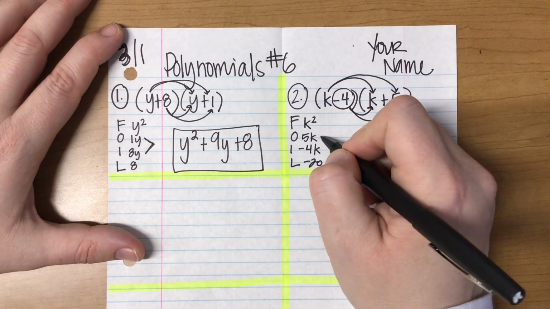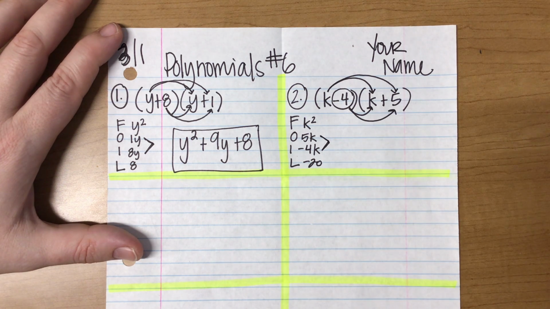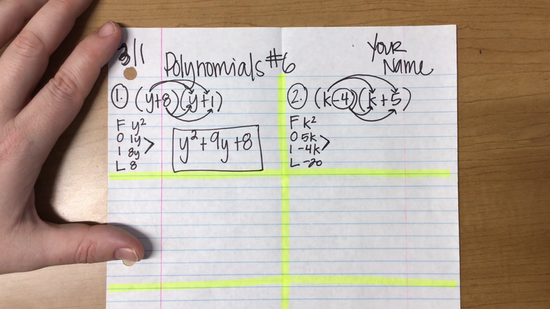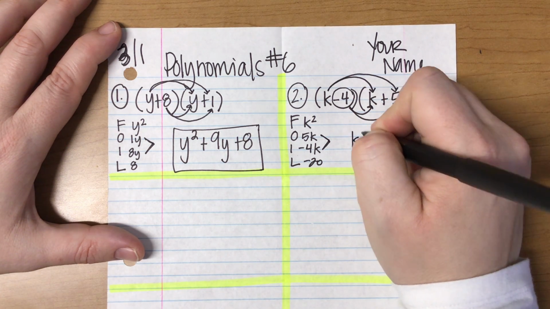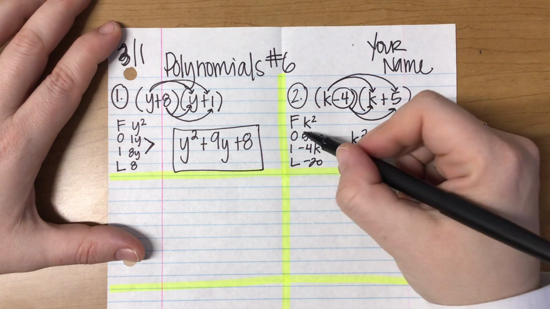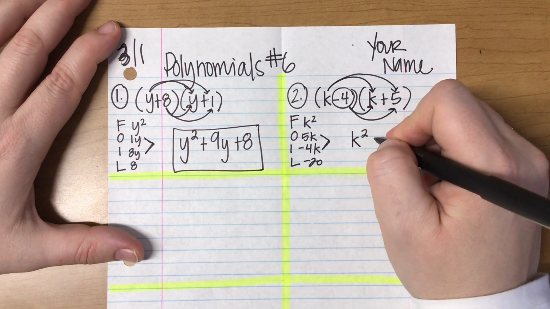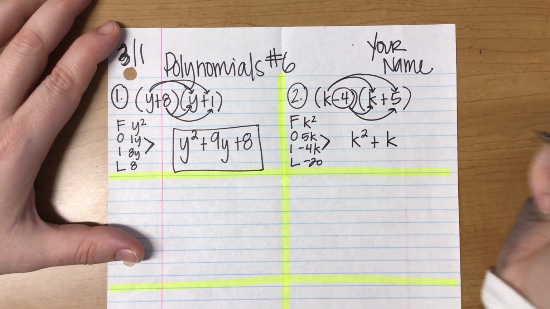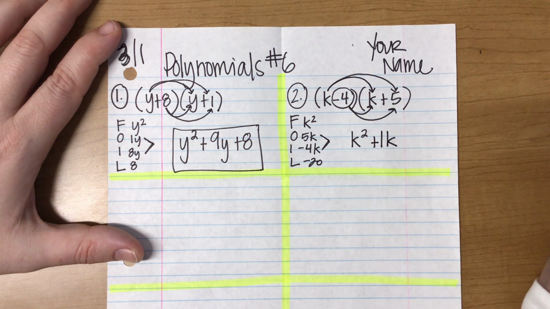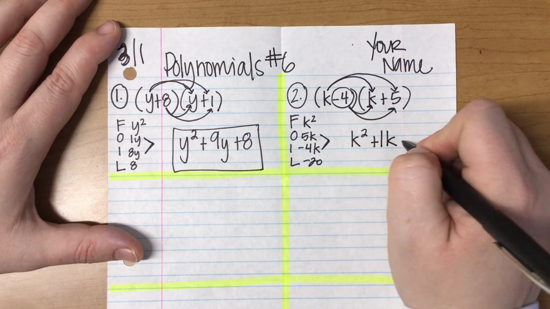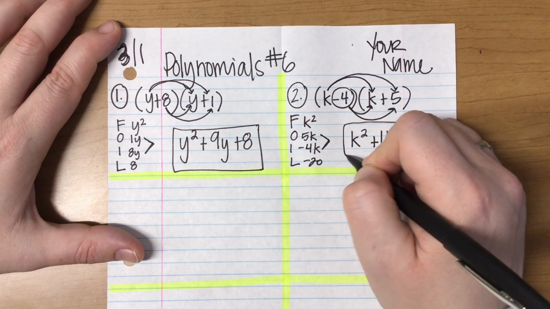Look for like terms. Most of the time, they're in the middle. Not all the time, but most of it. And I get k squared. 5k minus 4k is positive 1k. You could put k or a coefficient of 1. Minus 20.